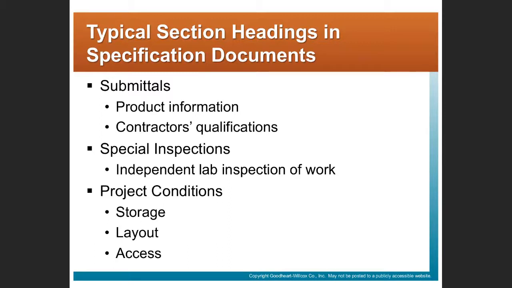You typically submit to the engineer of record, and that engineer will approve your submittal or take exception to it. They'll say, the panel board that you've submitted meets the intent of the specification. Based on the approved submittal, you'll go out and order your material.